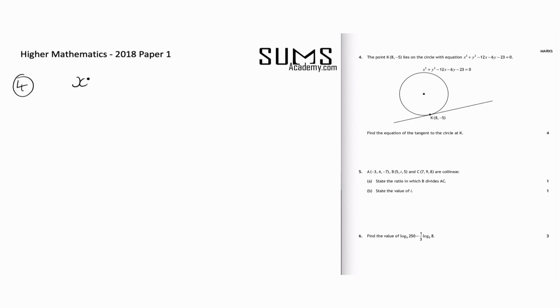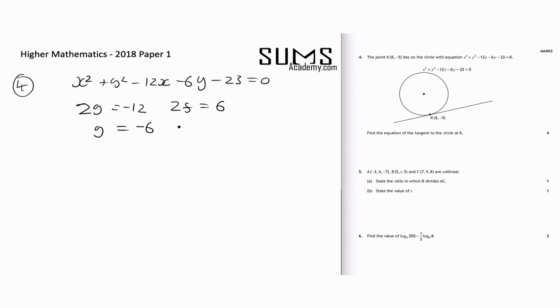So first write out the expression of x squared plus y squared minus 12x minus 6y minus 23 equals 0. So we know that 2g equals minus 12, and we know that 2f equals minus 6. So g is just going to equal minus 6, and f is just going to equal minus 3.